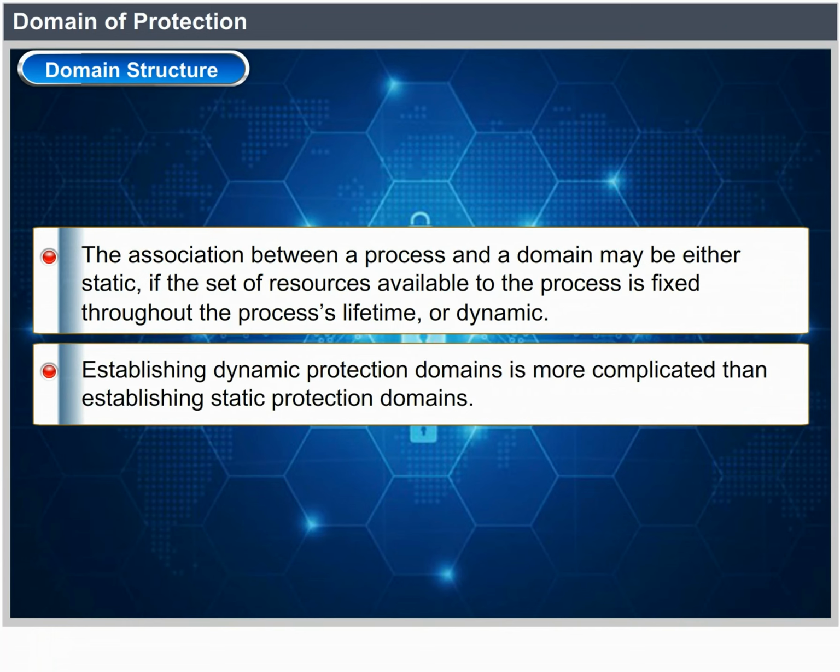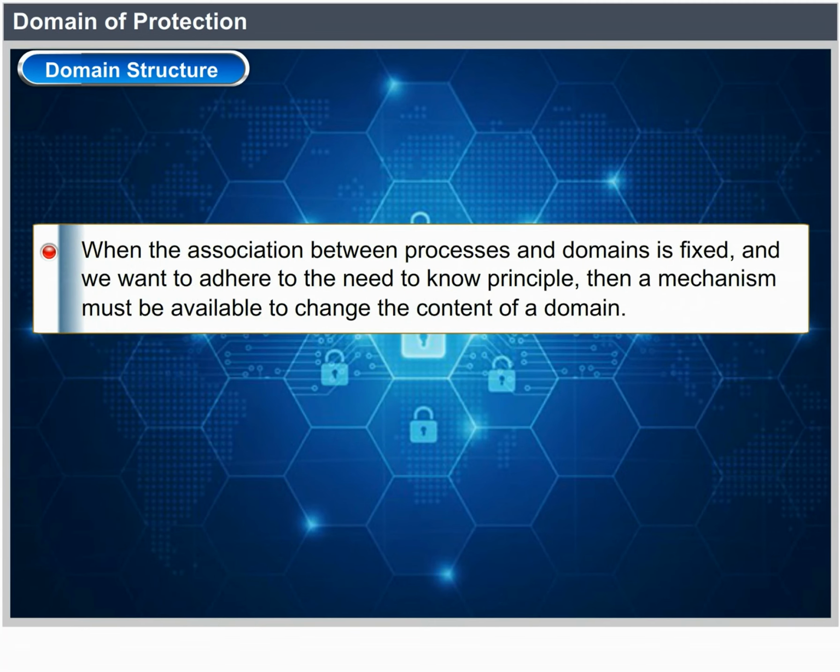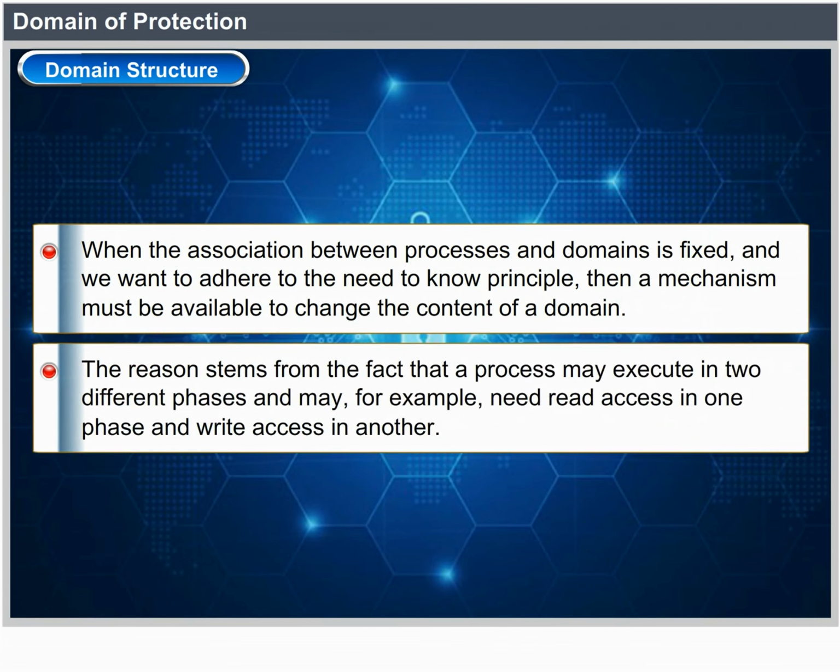If the association between processes and domains is fixed and we want to adhere to the need-to-know principle, then a mechanism must be available to change the content of a domain. The reason stems from the fact that a process may execute in two different phases and may, for example, need read access in one phase and write access in another.